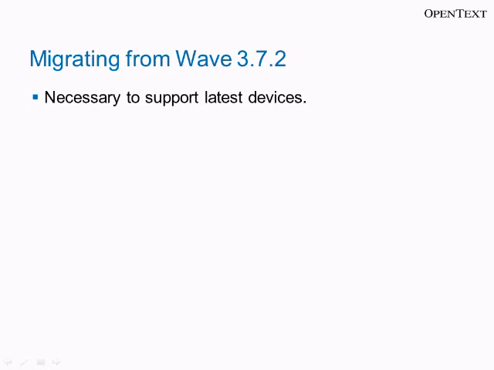And we saw that in Wave 3.7.2 as a real issue. So if people now say, I want to support the latest iPad 4 or 5 when it comes out, with Wave 3.7.2 we'd have a real issue. And Wave 4 makes that a lot easier to support those new devices. So we've seen that as a real advantage there.